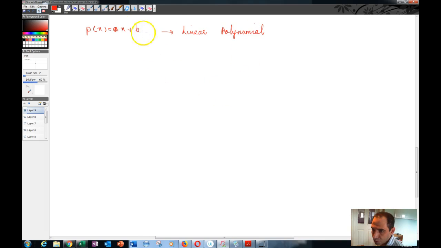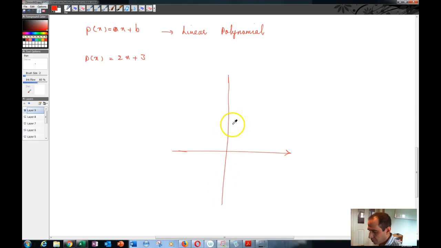And of course, if you do the graph of such linear polynomials, let's say, for example, that p of x is equal to 2x plus 3. The graph of this polynomial would be some line. It would actually be just a straight line.